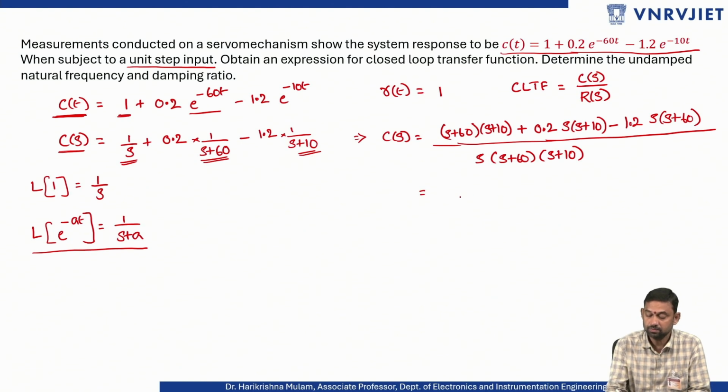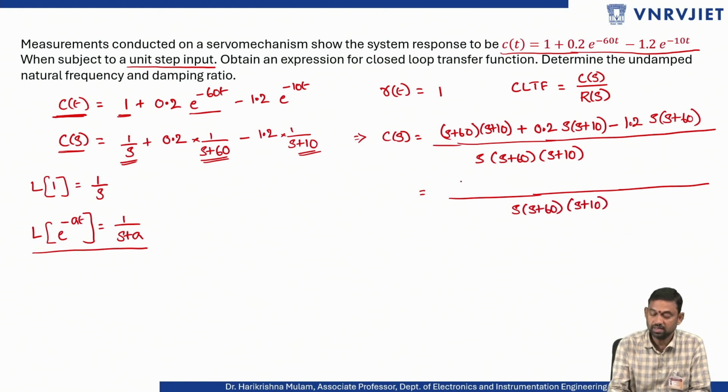That is equal to, the denominator is S into S plus 60 into S plus 10, whereas the numerator is S plus 60 into S plus 10, which is S square plus 60S plus 10S plus 600, plus S into S is S square into 0.2.